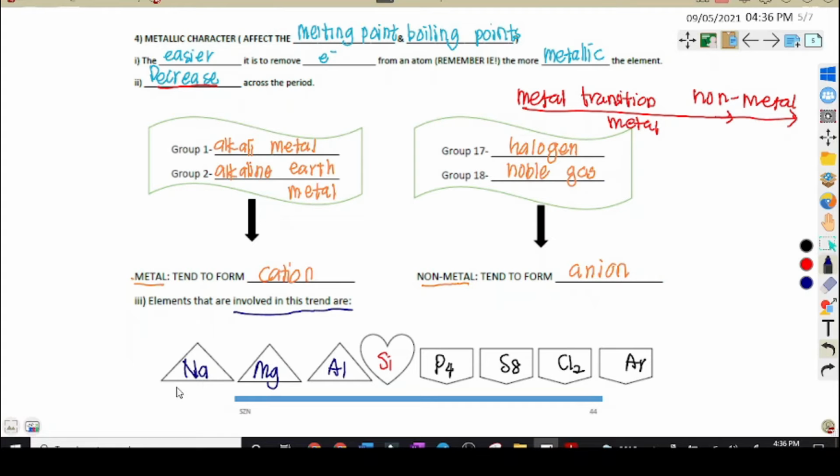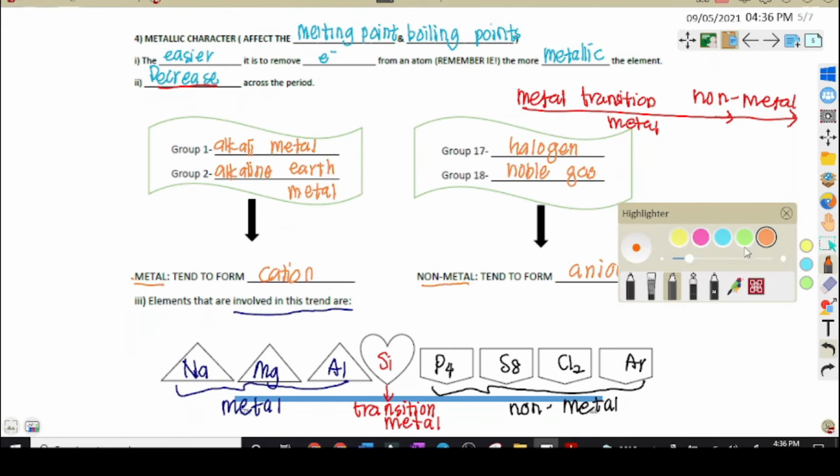Make a note that sodium to aluminium are metals and exist as metals. Silicon is a transition element, a metalloid. From phosphorus to argon, they are in the non-metal group.